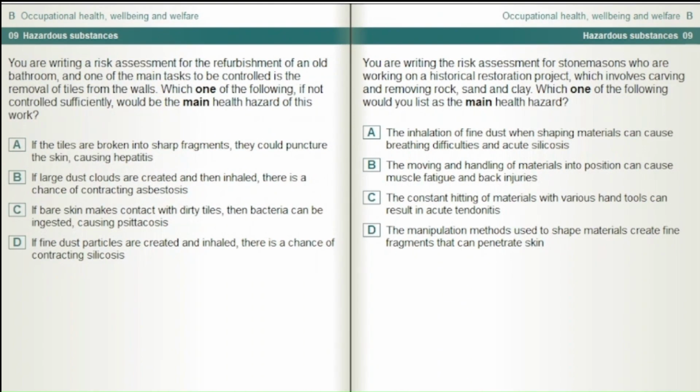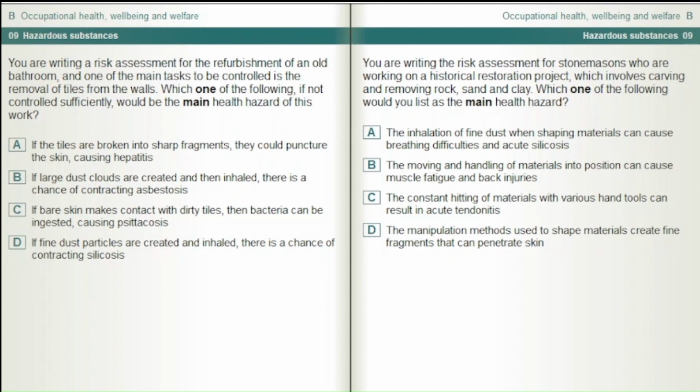You are writing a risk assessment for the refurbishment of an old bathroom, and one of the main tasks to be controlled is the removal of tiles from the walls. Which one of the following, if not controlled sufficiently, would be the main health hazard of this work? If the tiles are broken into sharp fragments, they could puncture the skin, causing hepatitis.